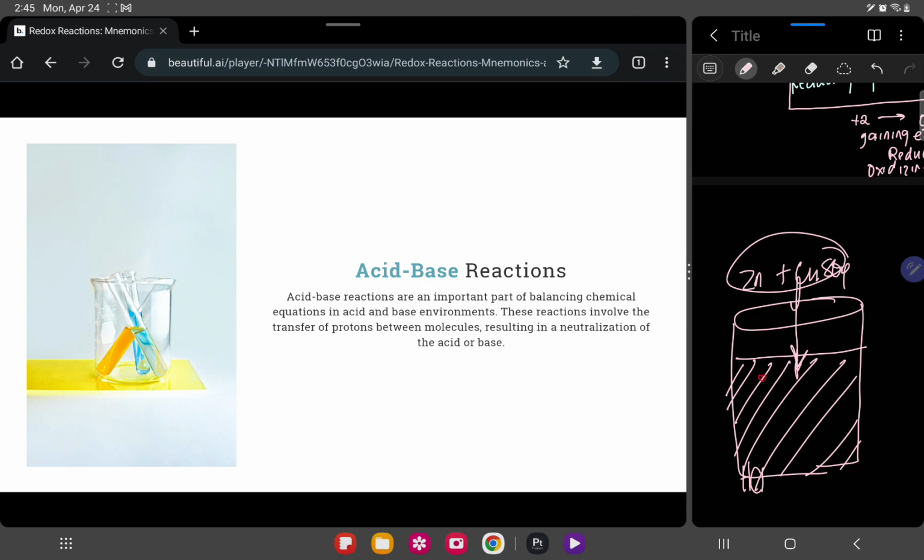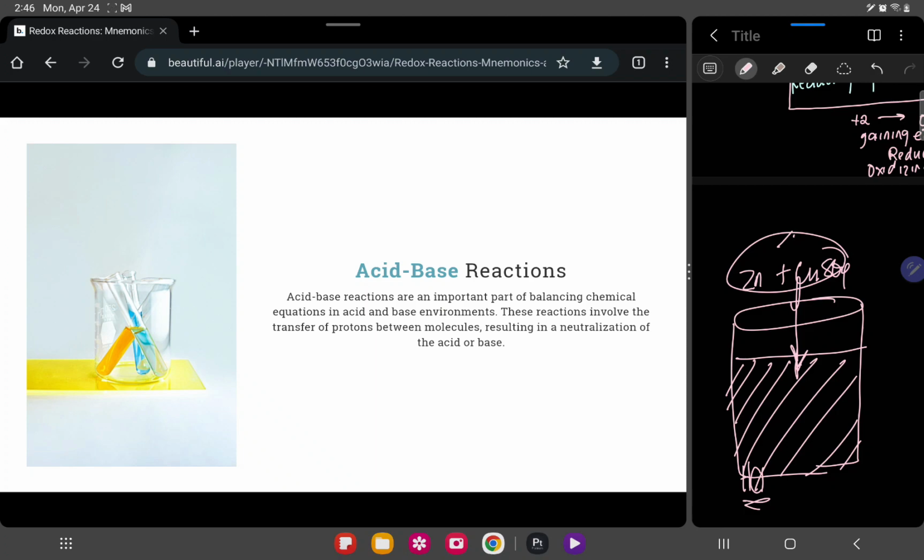That means the environment where this reaction will take place is an acidic environment. And for that, you have to consider the acidic environment when balancing an equation, because the balancing of electrons available in this chemical reaction depends on its environment.